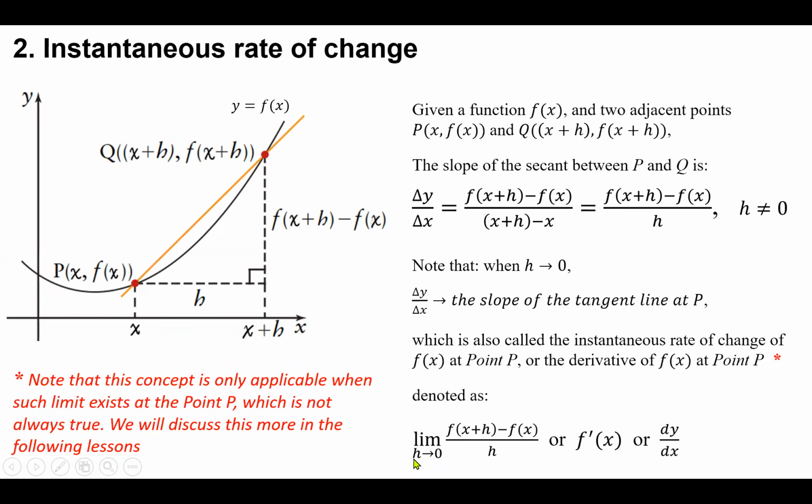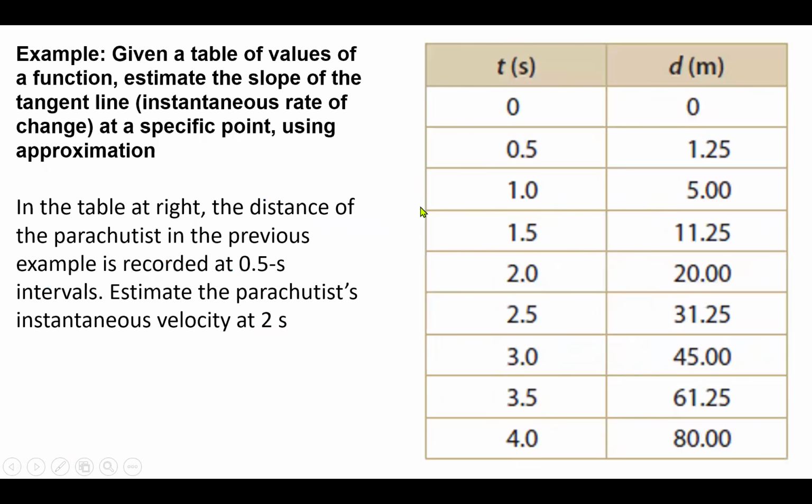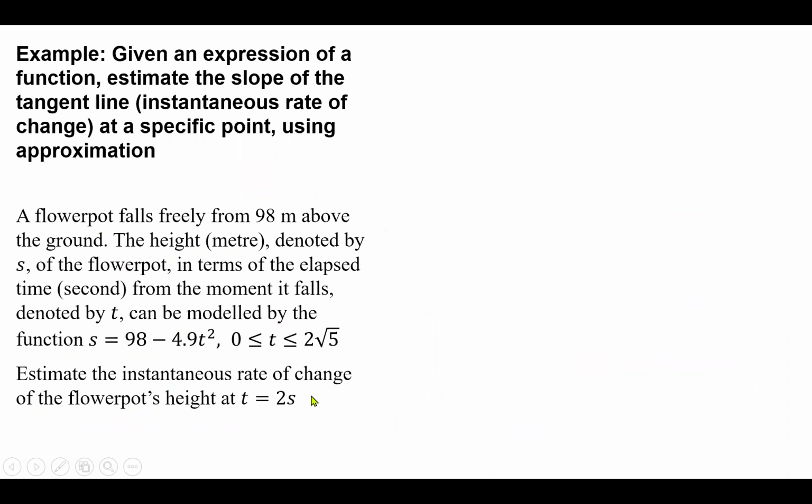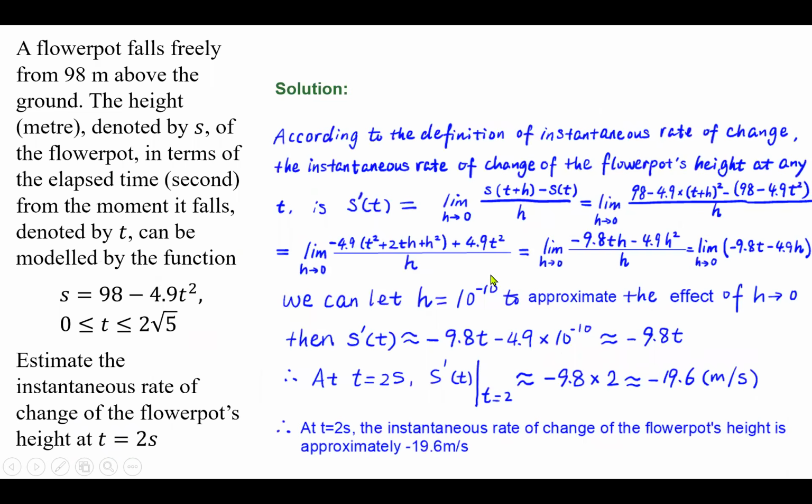The limit as h approaches 0 of this function is actually the instantaneous rate of change at point P, right? So following this definition, we can evaluate the instantaneous rate of change at t equals 2 seconds.